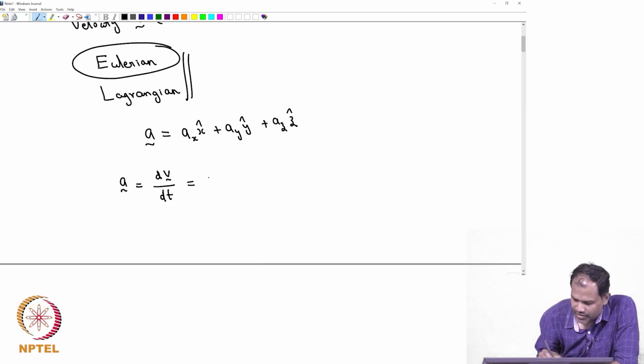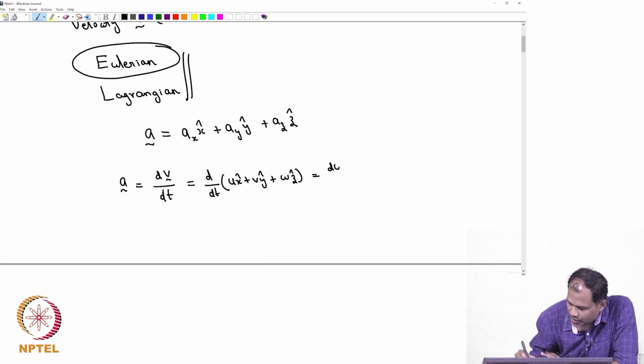So, this I can write in a simple form: d by dt of velocity, which is u x cap plus v y cap plus w z cap, which is nothing but du by dt x cap plus dv by dt y cap plus dw by dt z cap.